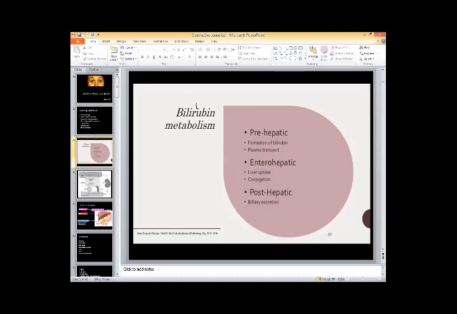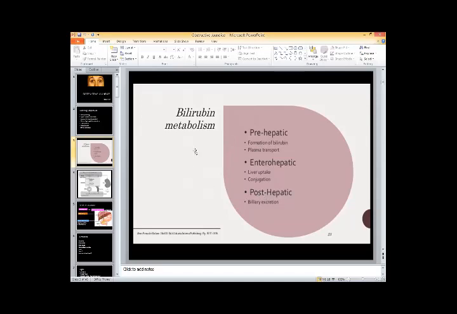Once this bilirubin is produced in the spleen or in those cells where RBCs are broken down, this happens prehepatic. We divide bilirubin metabolism into prehepatic, hepatic, and post-hepatic, so there are 3 stages.